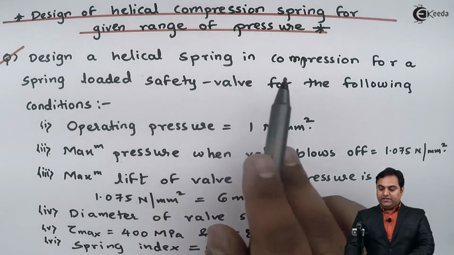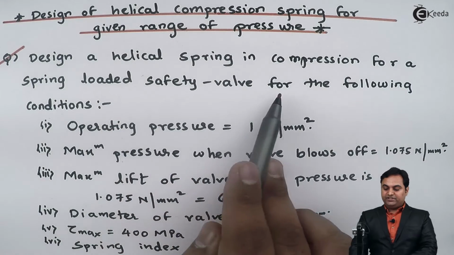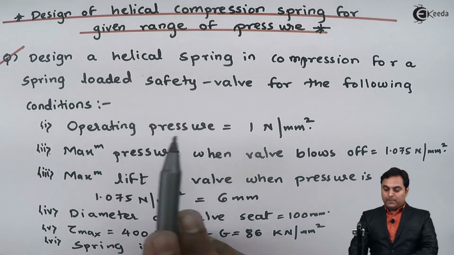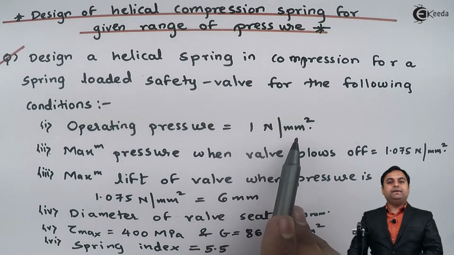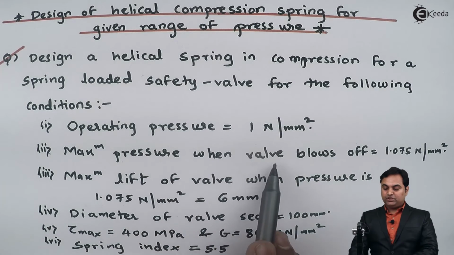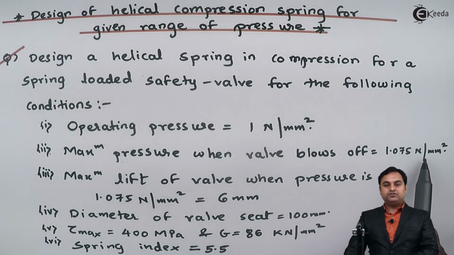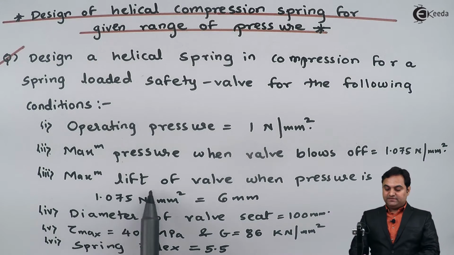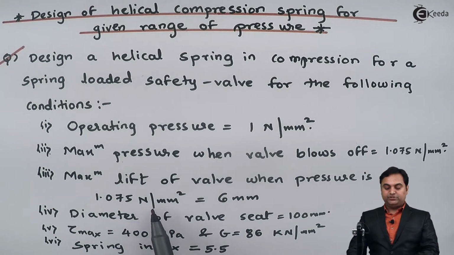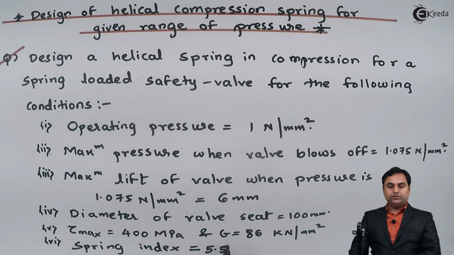Design a helical spring in compression for a spring loaded safety valve for the following conditions: operating pressure 1 Newton per mm square, maximum pressure when valve blows off is 1.05 Newton per mm square, maximum lift of valve when the pressure is 1.05 Newton per mm square is 6 mm, diameter of the valve seat is 100 mm, tau max, maximum shear stress, is 400 megapascal, G, that is modulus of rigidity, 86 kilonewton per mm square, and spring index is 5.5.